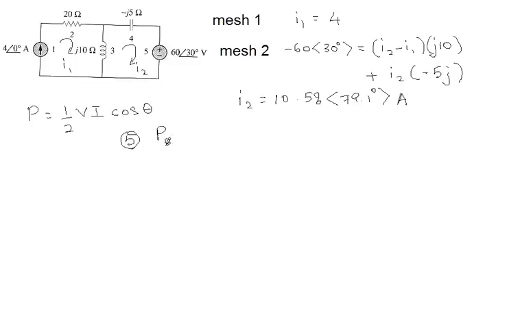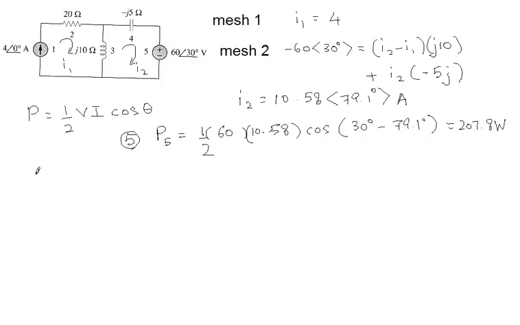The power P5 will be equal to half times the voltage, which is 60, times the current I2, which is 10.58, and cosine angle will be 30 degrees of the source minus that of the current, which is 79.1 degrees, and this works out to 207.8 watts.